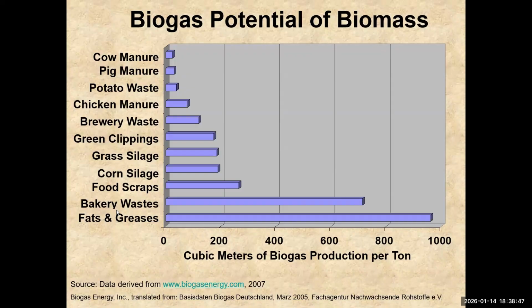You can see from this particular chart that manures have a much lower biogas yield in comparison to other feedstocks such as silage, food waste, or fats, oils, and greases. So I know you're probably thinking, well, a farmer may say they operate a smaller dairy facility. So can anaerobic digestion be a viable option for me?